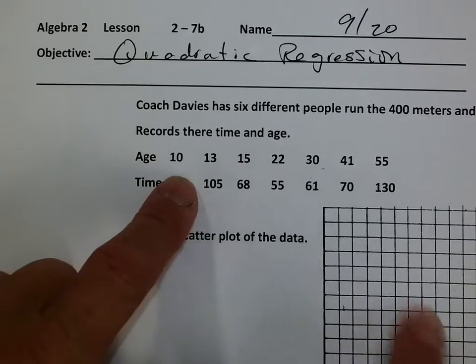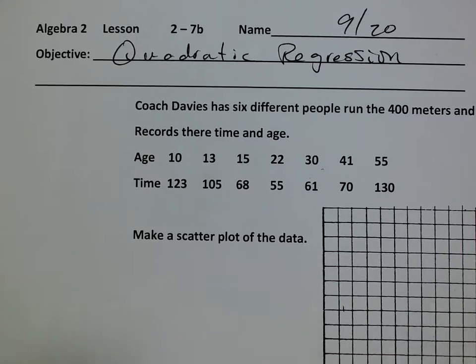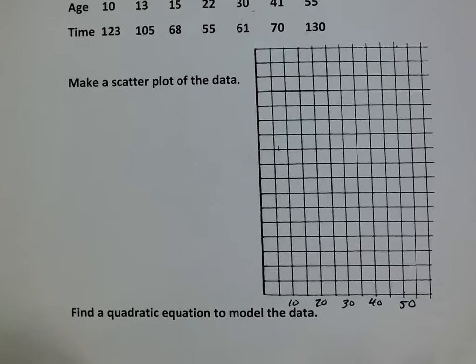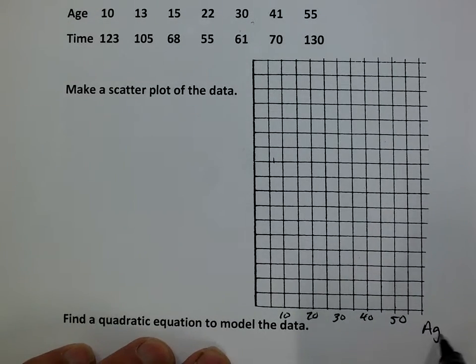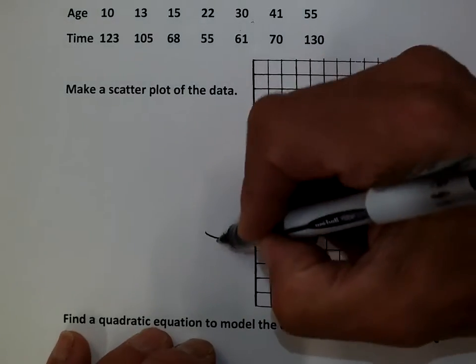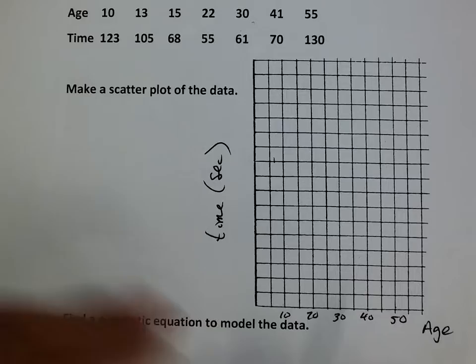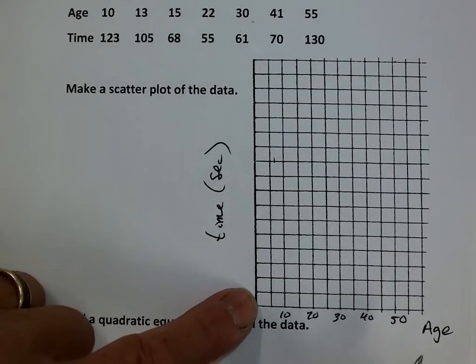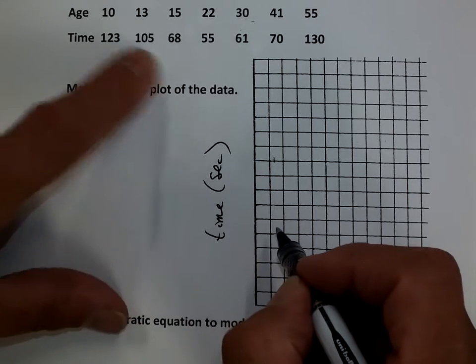Going ages all the way to 55, so maybe I'll go 10, 20, 30, 40, 50. So I'll go ahead and just put down those, and that's age. And then I'm going to do time over here in terms of seconds. I got to get all the way up to like 130, right? But I can squish down my graph.